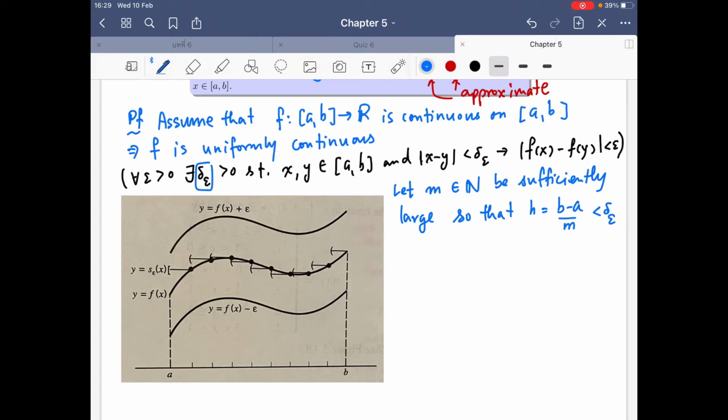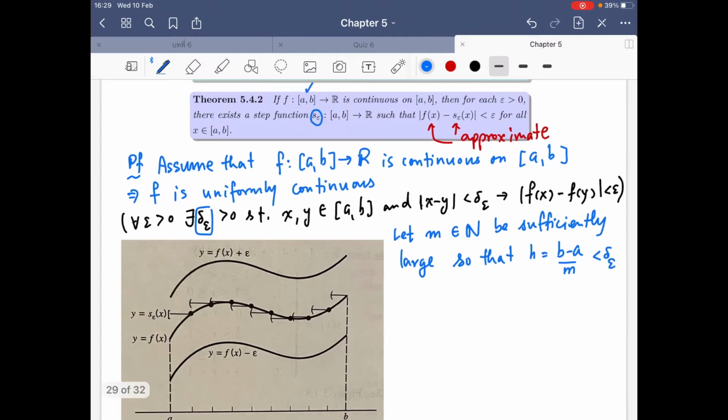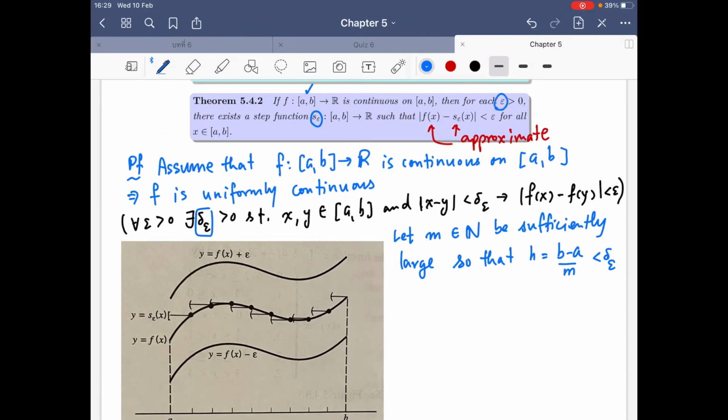Of course, because the proof depends on this epsilon, we are going to let epsilon greater than 0 be arbitrary, but then by this we immediately find this delta epsilon, so that this implication happens.